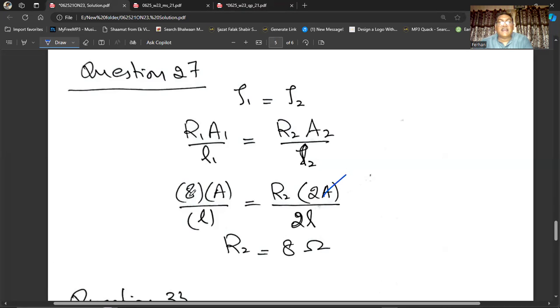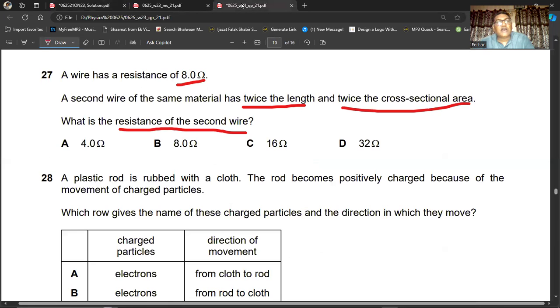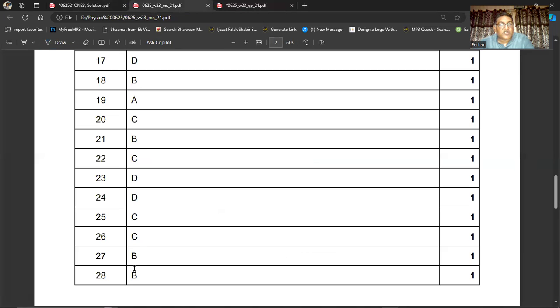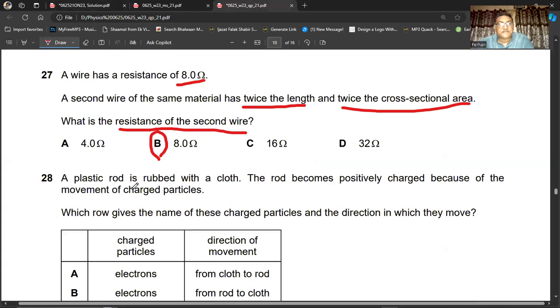So this A and this A will be cancelled. This L and this L will be cancelled. This 2 and this 2 will be cancelled. So you are left with 8 ohm. So R2 will also be how much? 8 ohm. Question number 27, B is the choice, sir. Question number 27, B is the right choice.